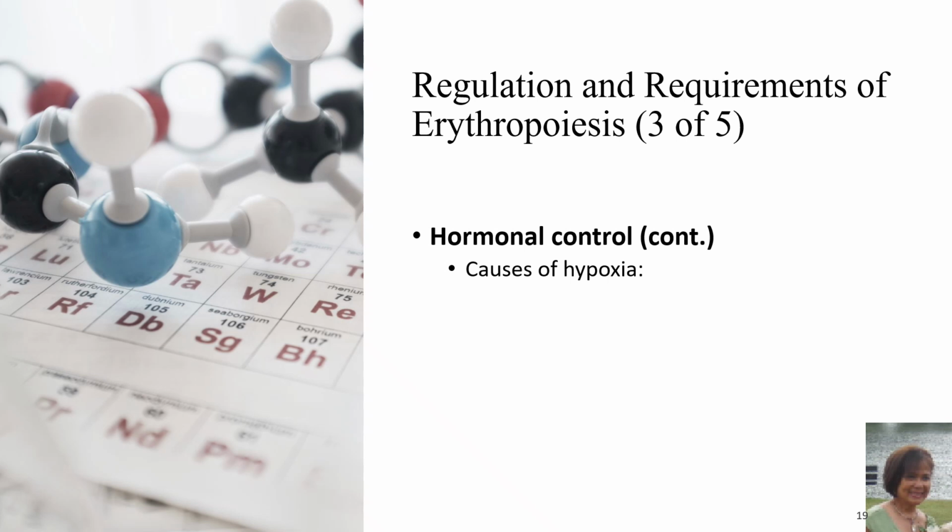Or you can have too many erythrocytes for high oxygen levels in the blood, and that too much red blood cell would go on a feedback loop and would inhibit the release of EPO.